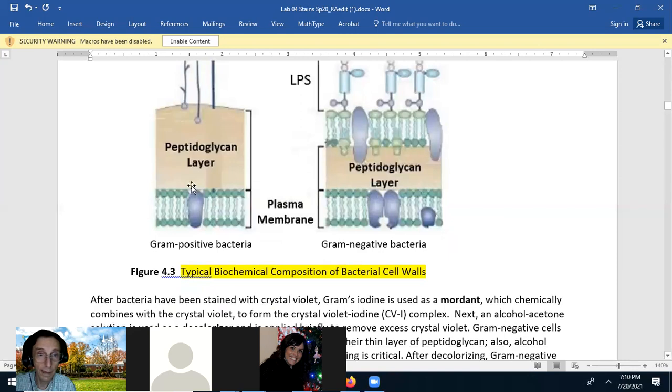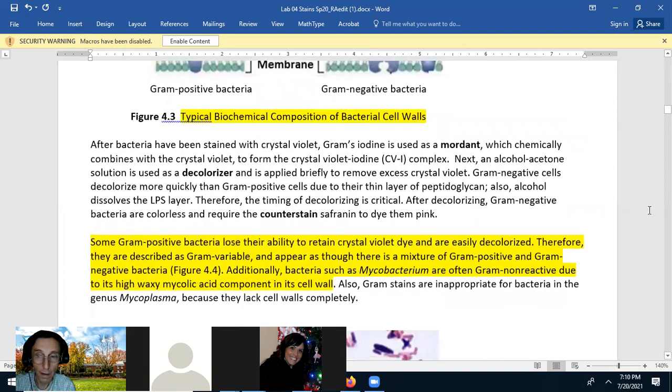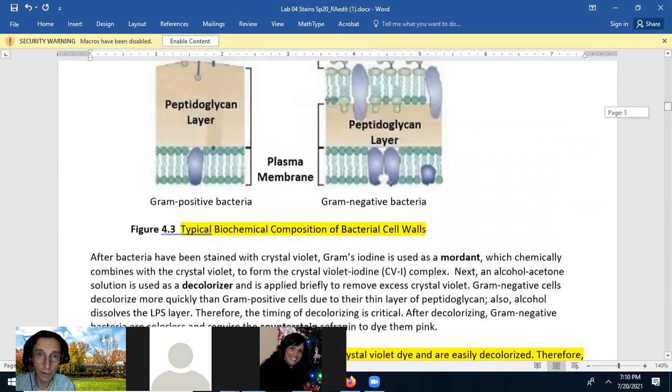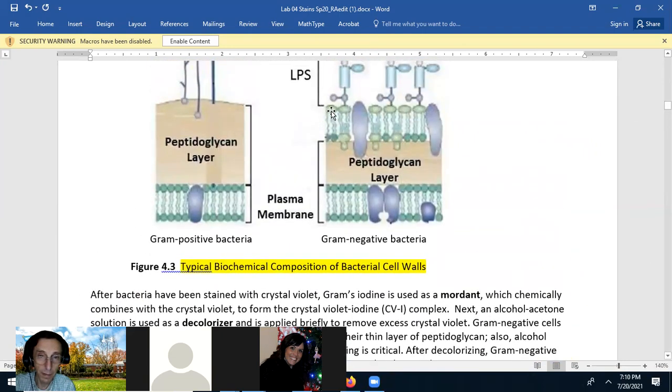So there we see a gram-positive cell with a thick peptidoglycan layer, and here we have a gram-negative cell, and it has a much thinner peptidoglycan layer. The gram-negative cell, we should mention, has a lipid bilayer on the outside, which is called the outer membrane of the cell wall.